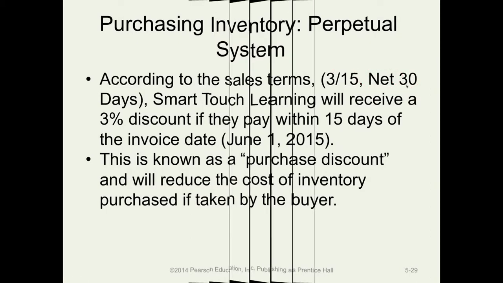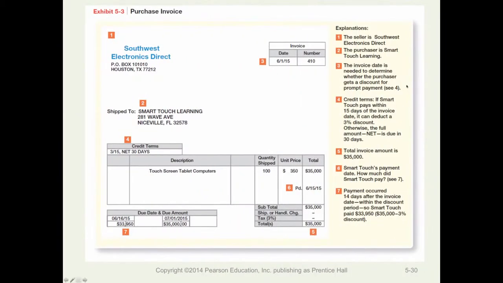So when we look at this invoice, there's a couple of things we need to note. Number one, when you look at the purchase invoice, you'll note that this is the seller. The buyer is Smart Touch. That's the date and the invoice number for record purposes. The credit terms are 3/15 net 30.